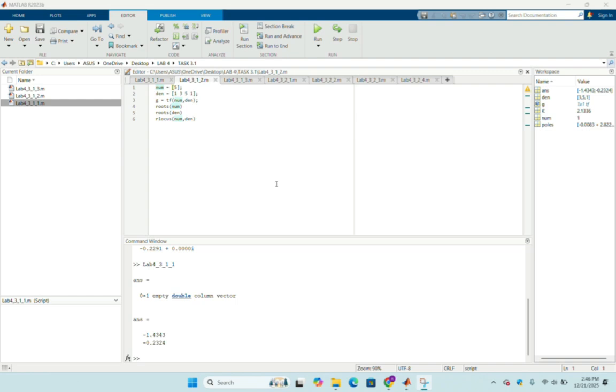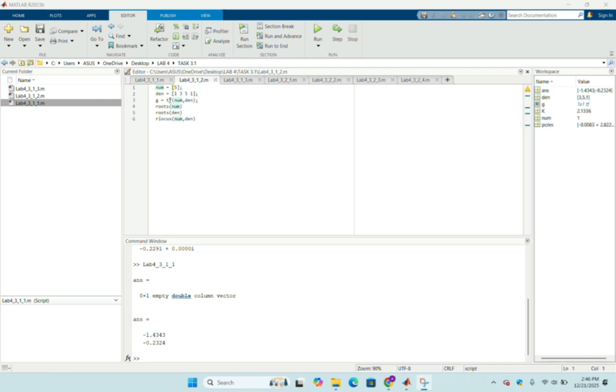Next, for question 3.1.2, I wrote this code where the numerator is 5 and the denominator is [1 3 5 1].